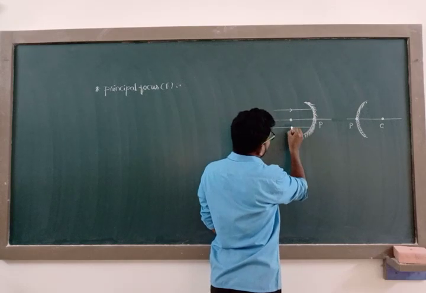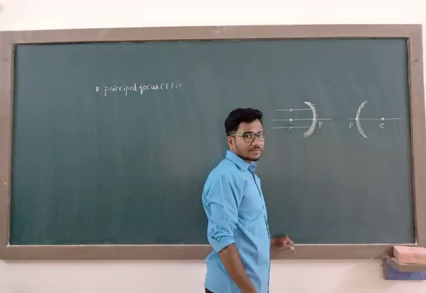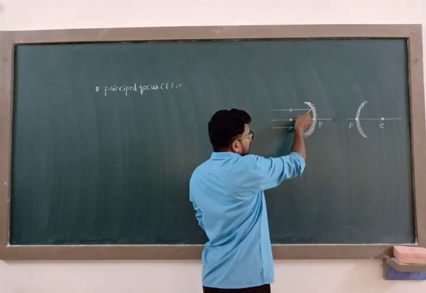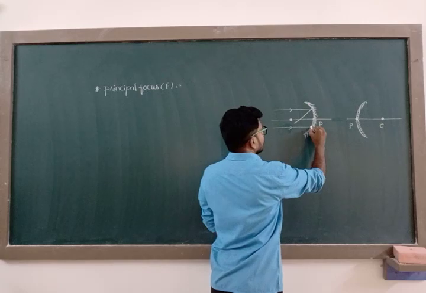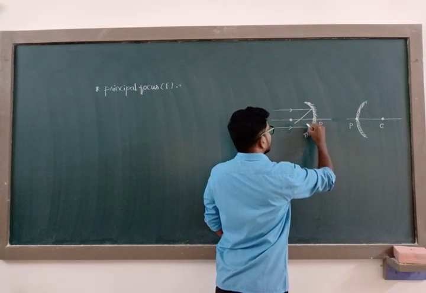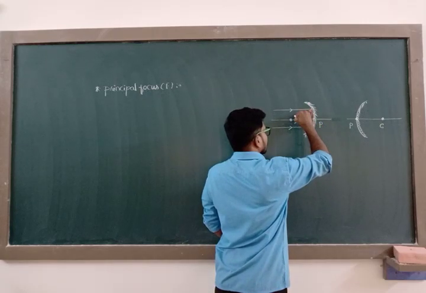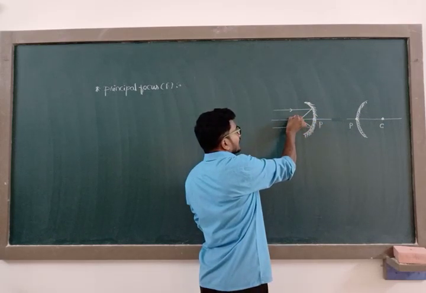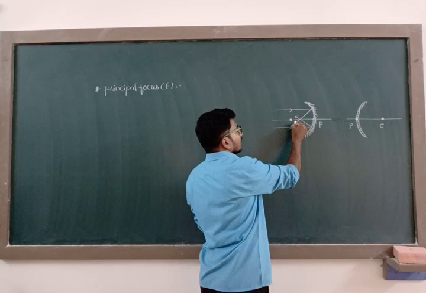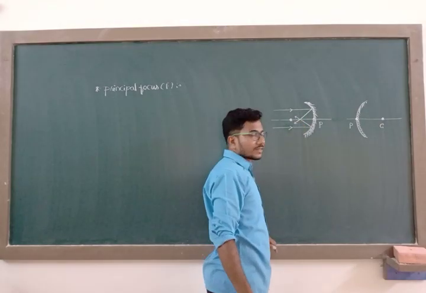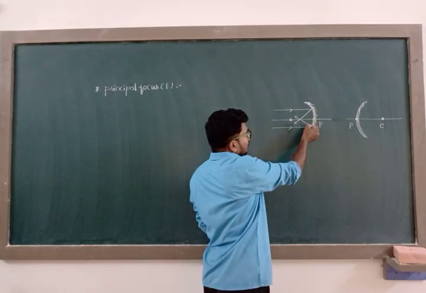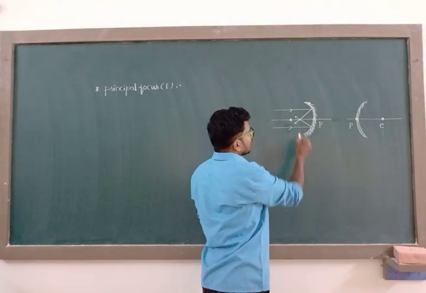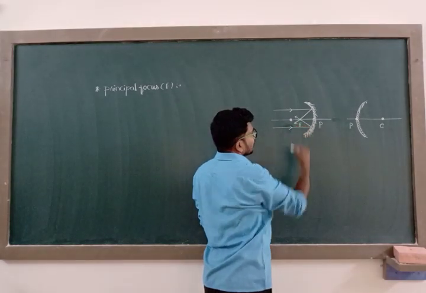After reflection, direction of a reflected light ray. So here these two reflected light rays are going to meet at this point. This point is known as principal focus.